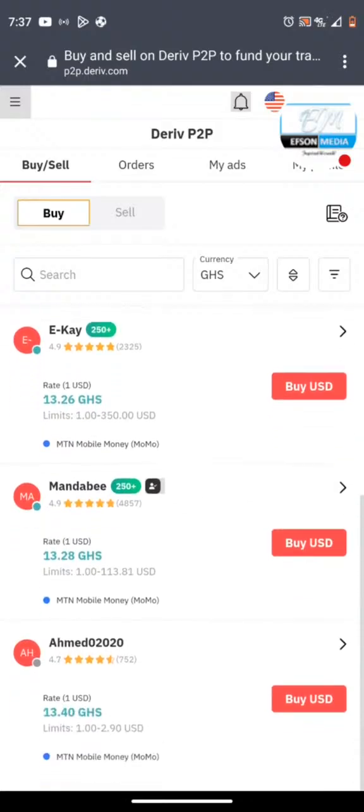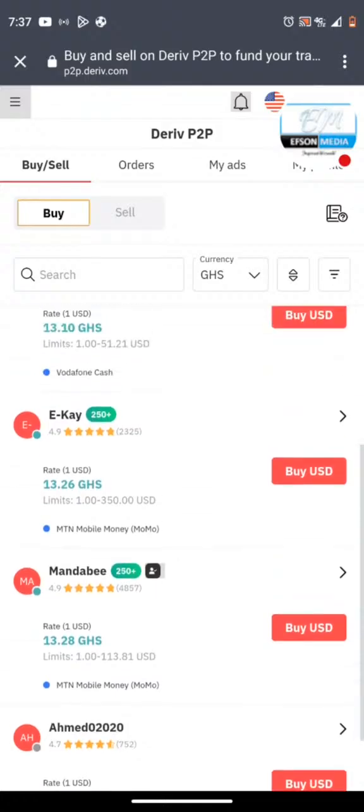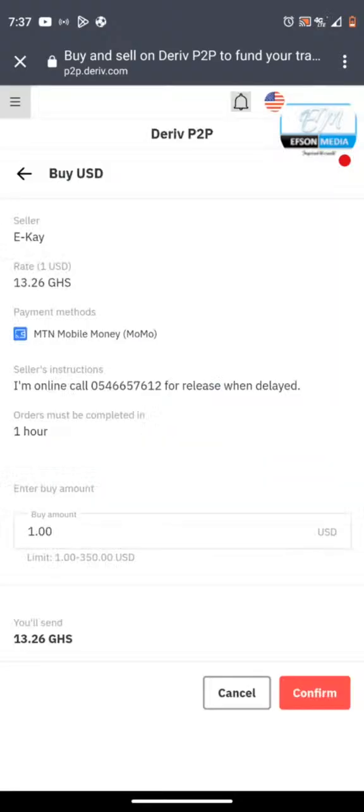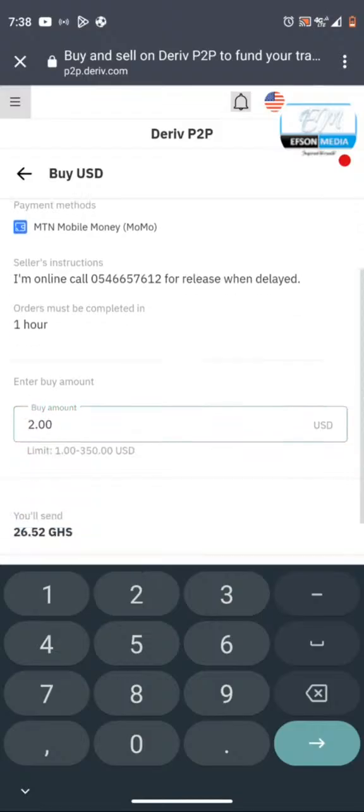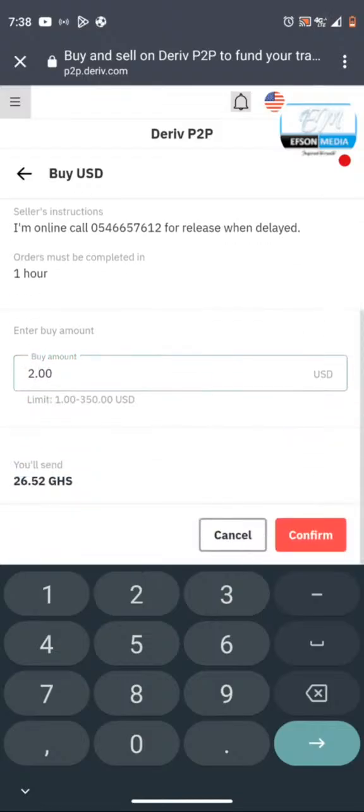Mandibi is also trustworthy. He has done 4,885 trades. So you can select EK, then select the amount you want to deposit. Maybe $2, the amount is 26 cedis. If you want $5, 66 cedis, based on what you want.